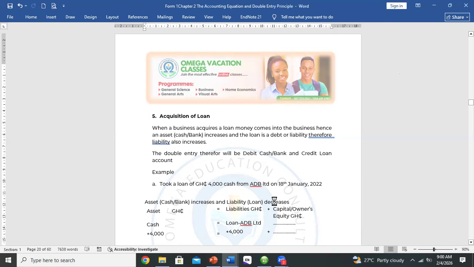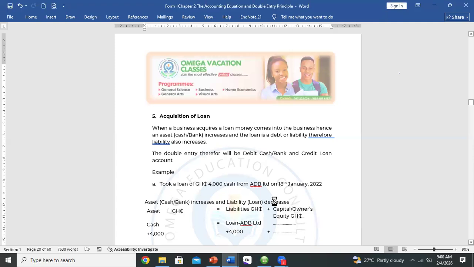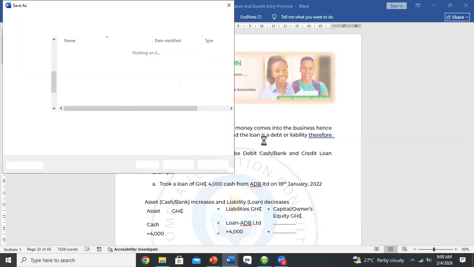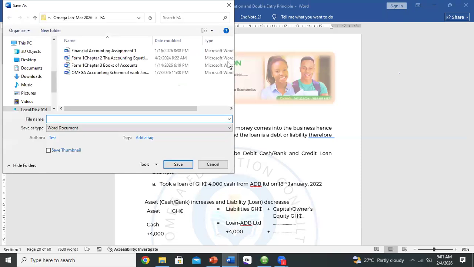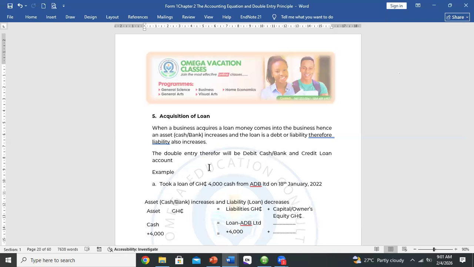So asset cash or bank increases and liability loan increases. Okay. Because if you see from here, it says when you go for a loan, a debt or a liability, right? Therefore, liability also increases. But in the example, I think I made a typo mistake there. So thank you for that.